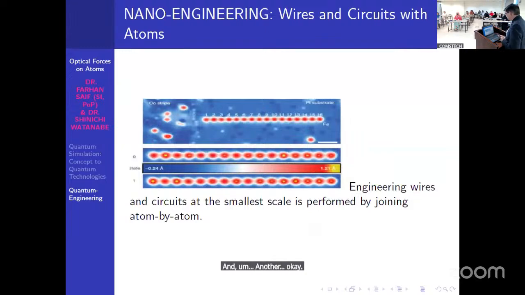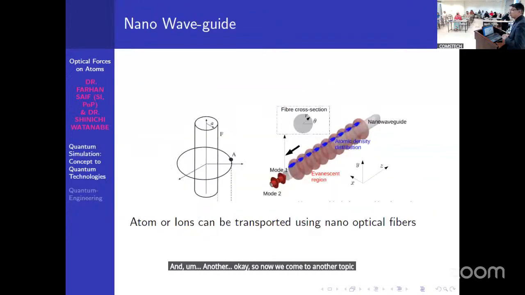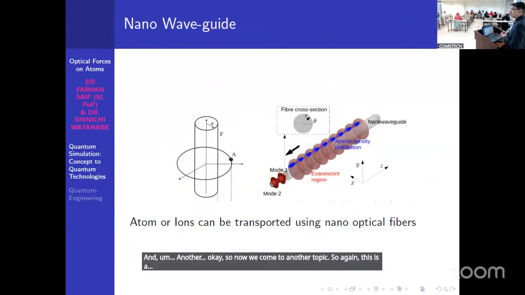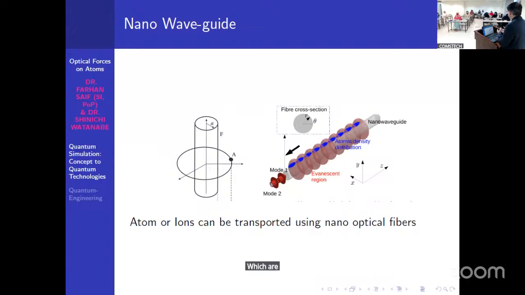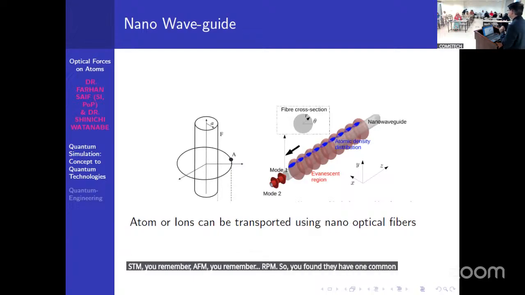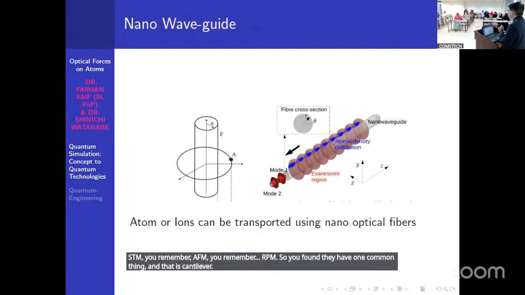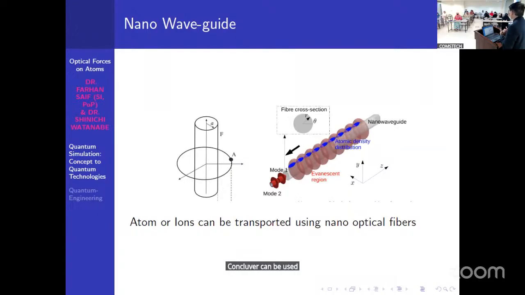So now we come to another topic. Again, this is a use of our exponentially decaying field in making some newer configurations which are helpful to control atomic dynamics. Now, if you remember STM, AFM, RTM, you found they have one common thing, and that is the cantilever. The cantilever can be used in a reverse mode as well.